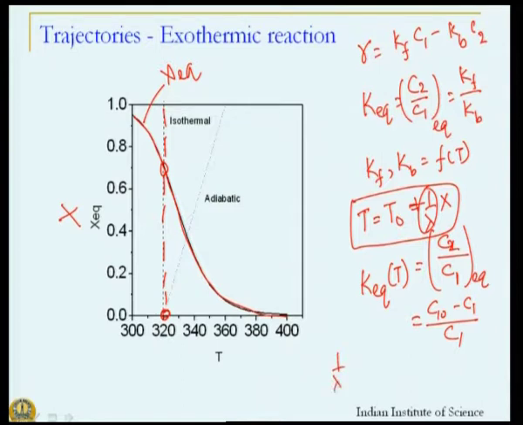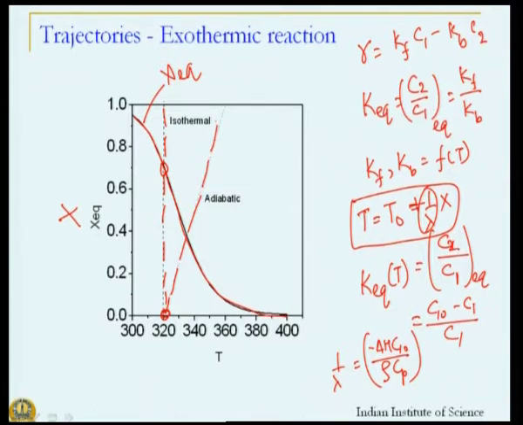What is 1 over lambda? It is minus delta H C1 0 by rho Cp. So, for an exothermic reaction delta H is negative, so minus delta H is positive. So, 1 over lambda is positive, or in other words, for adiabatic reaction x versus T is a straight line with a positive slope.